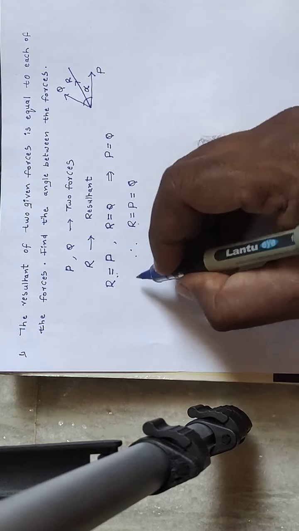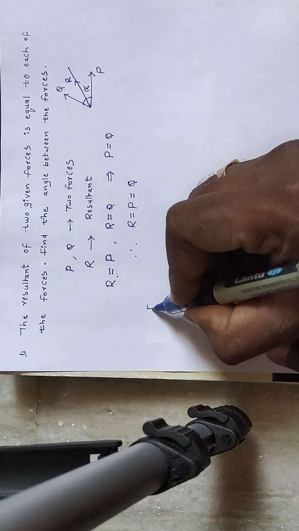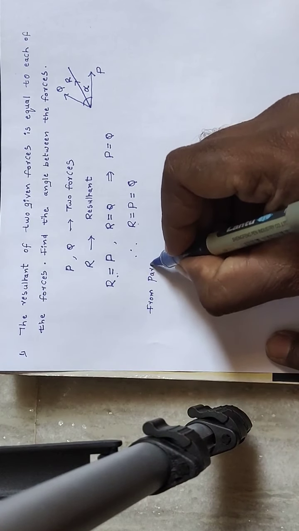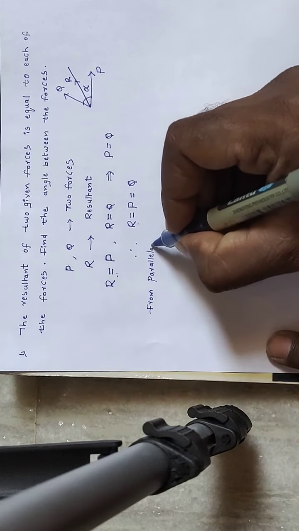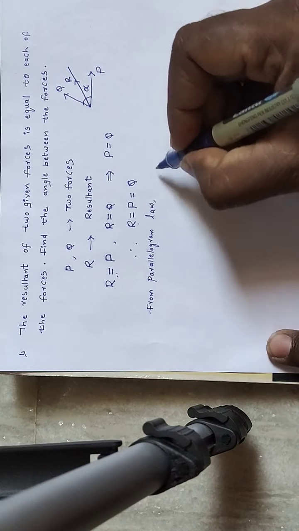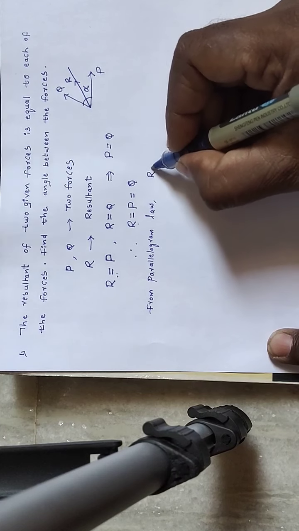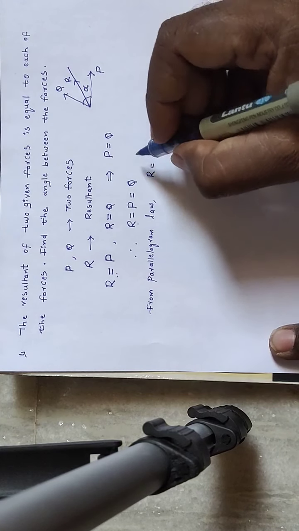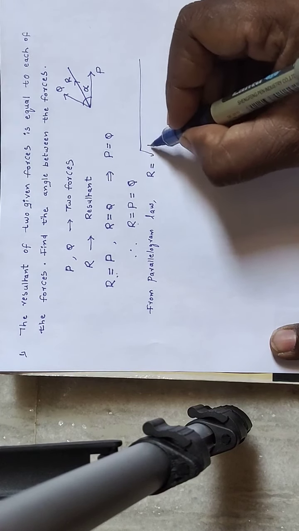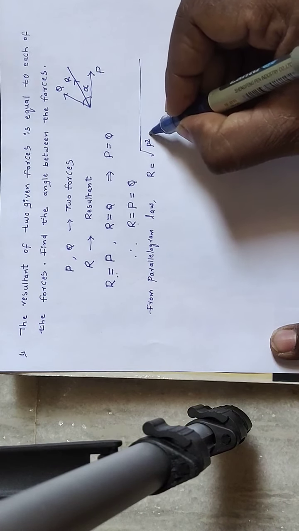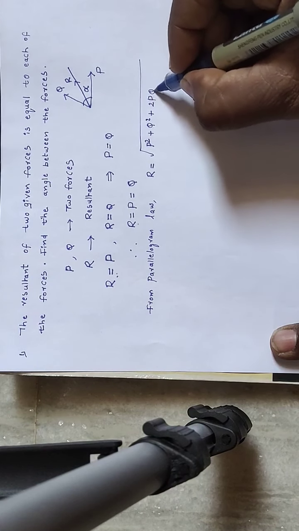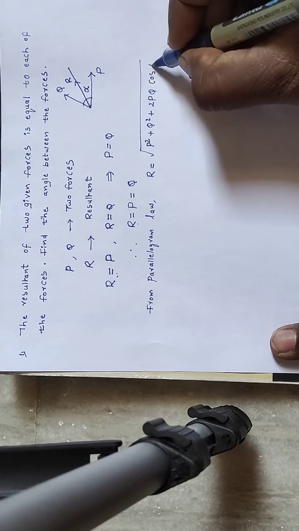So from parallelogram law, R equal to under root of P square plus Q square plus 2PQ cos alpha.